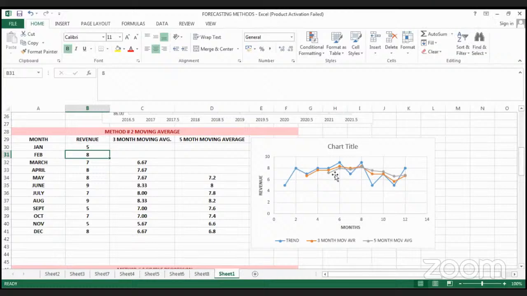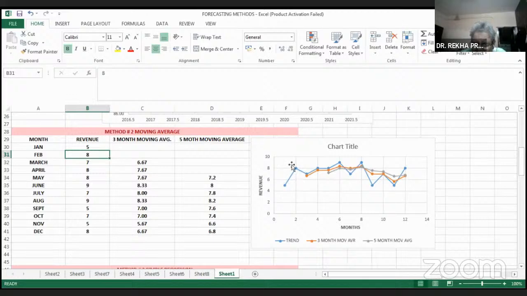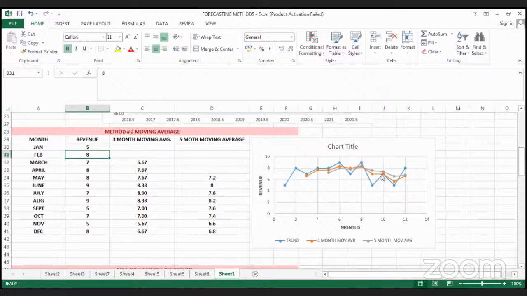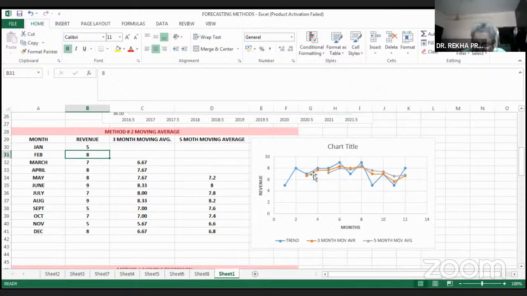Yes, ma'am. This is again more smoothened up. First was haphazard. Then red is smooth to some extent. And in the 5 months, it is again smoothened up. So with this line, you can do the prediction. This is another way of doing prediction, taking the moving average.